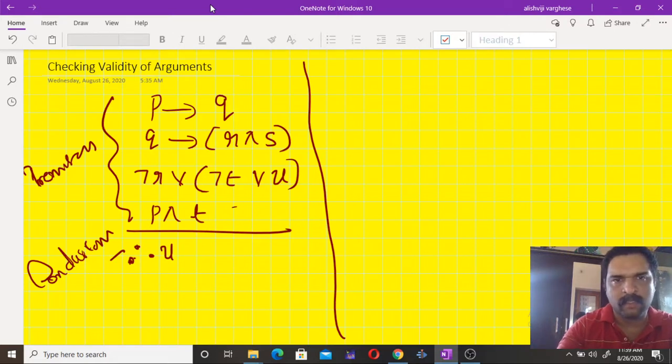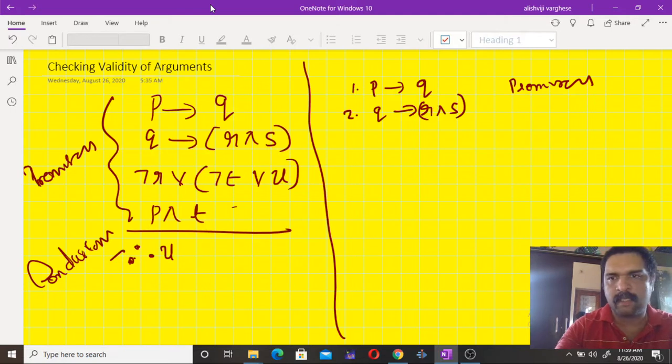First, we start with the given premises. We start with the first one, P implies Q. That's our premise. Then the second one, Q implies R and S. That's again another premise.